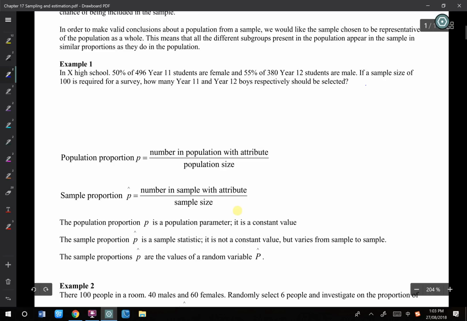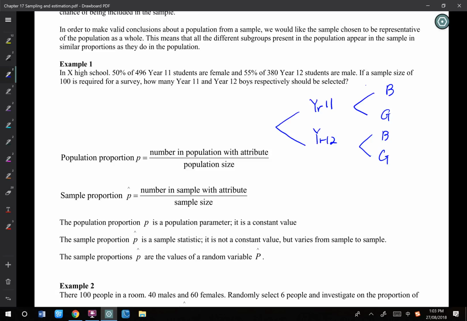We have year 11 and year 12, and we have boys and girls. How many year 11 students do we have? 496. How many year 12? 380.